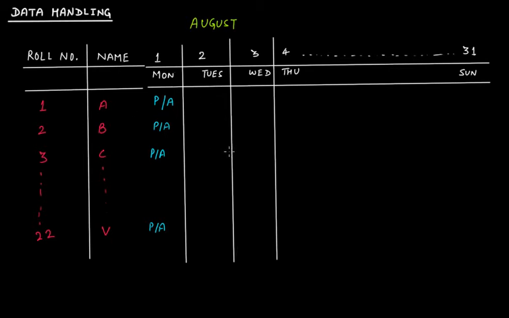Why is it a fact? It's a fact because if your teacher says that on the 4th of August, roll number 1, that is person A, was absent, and if this student challenges his or her teacher, saying you are wrong, I was actually present on that day, then how will your teacher prove that what the teacher is telling is correct or what you are telling is correct?